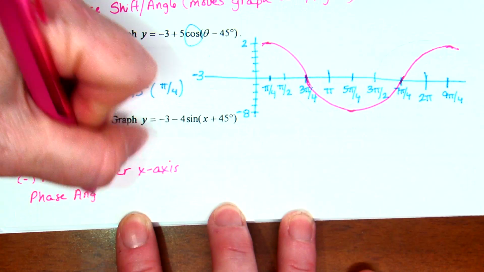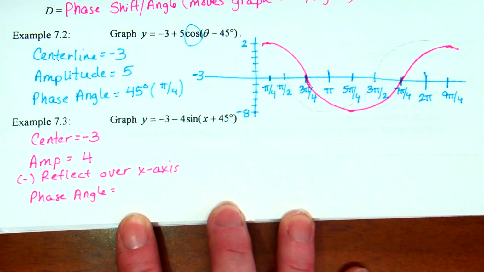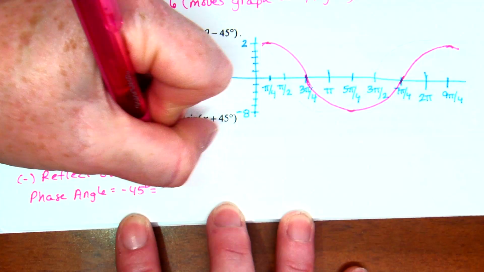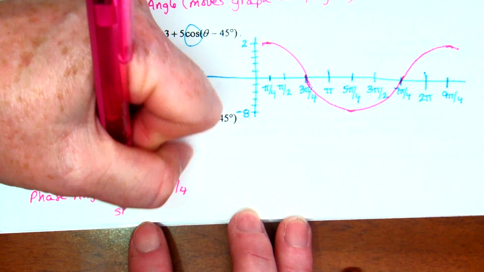Phase angle. -45 degrees, which is like saying -pi/4. And yes, we are going to be shifting to the left.